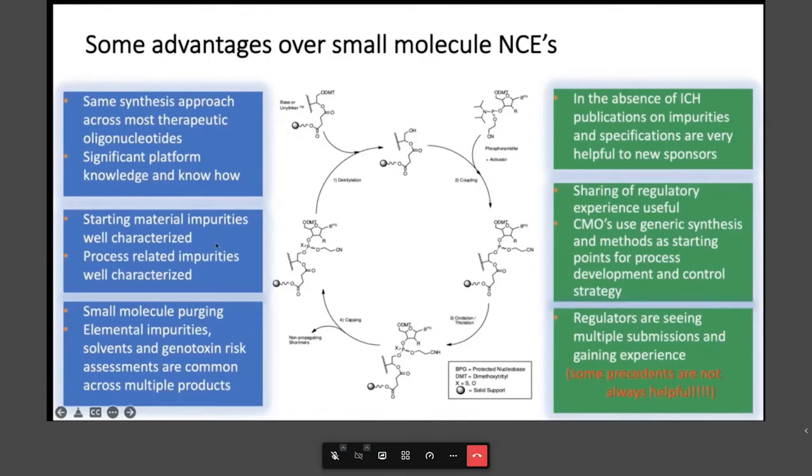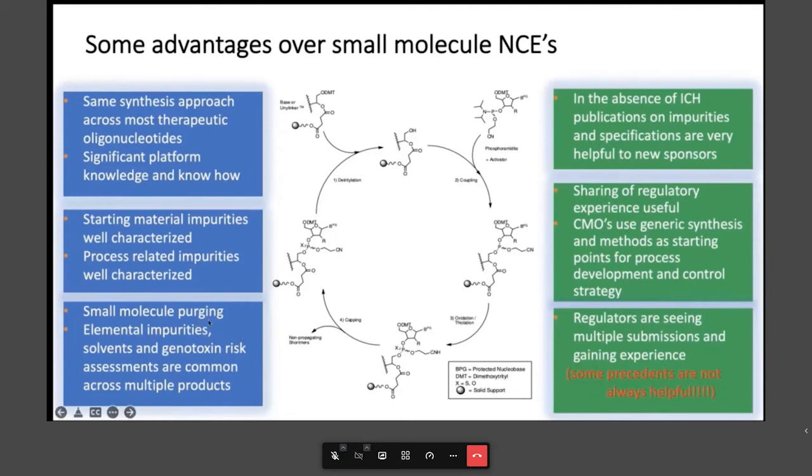We therefore are using very common starting materials, which means they are well characterized and the process impurities are well characterized. These are not de novo synthetic processes. They're well understood synthetic processes. And we can draw on that platform data to give us a flying start.